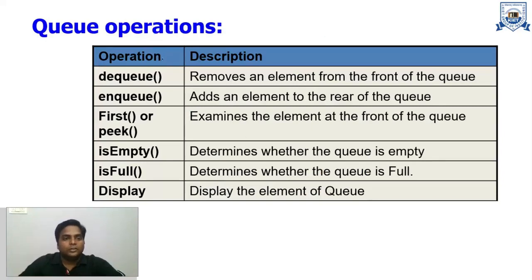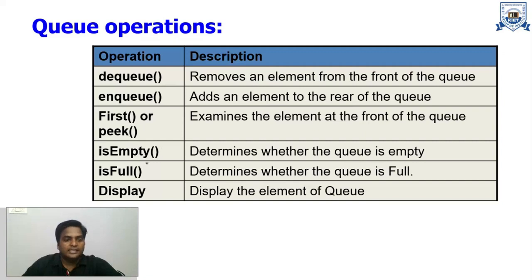Out of these operations, dequeue and enqueue are the basic operations of a queue that I earlier discussed with the help of the conceptual view. Then we have other operations also in queue. That is the peek operation, where we find out the front element of the queue.